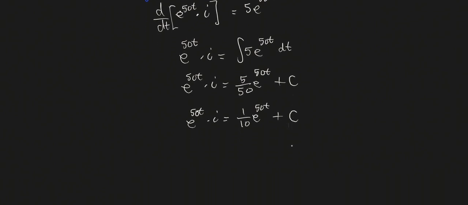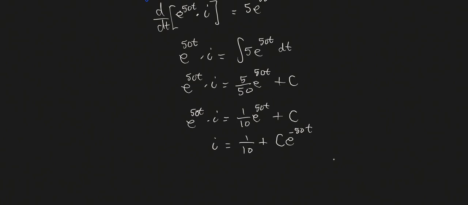Let's see here, divide through by the exponential function, and we'll have I equal to 1/10, since the exponential goes away, plus c e to the negative 50t.